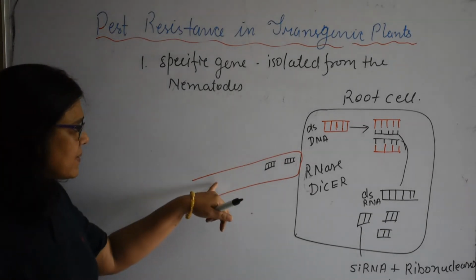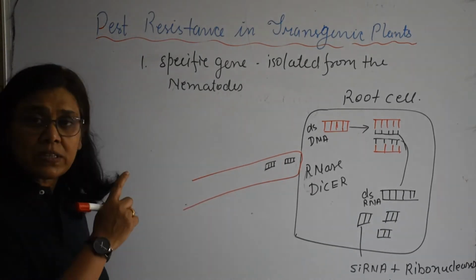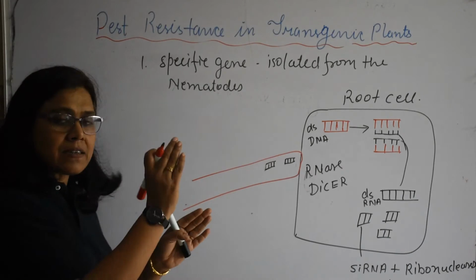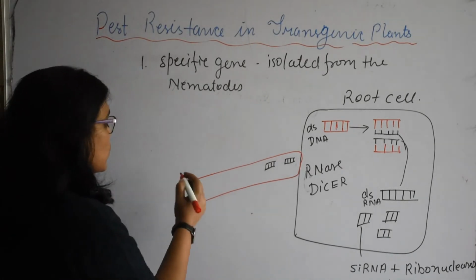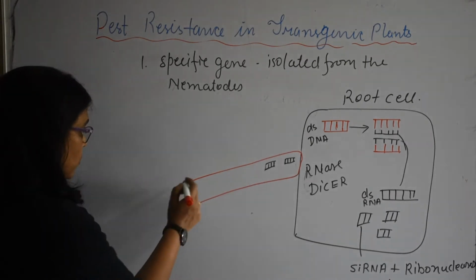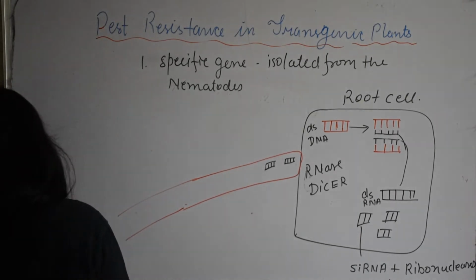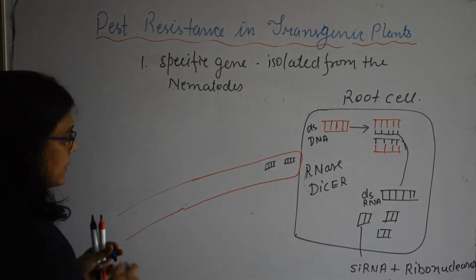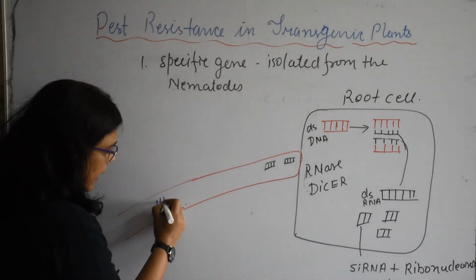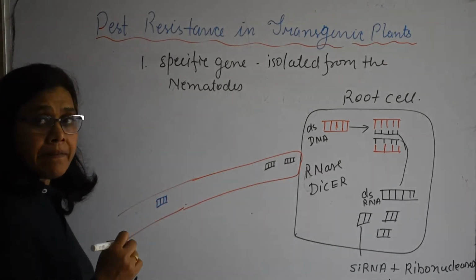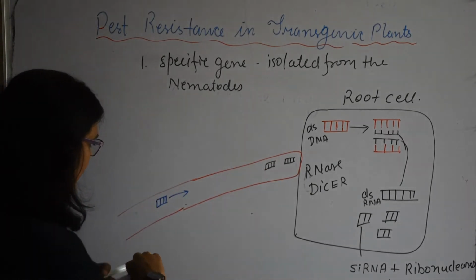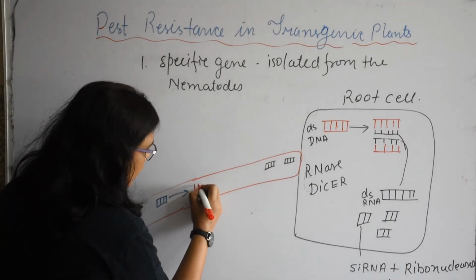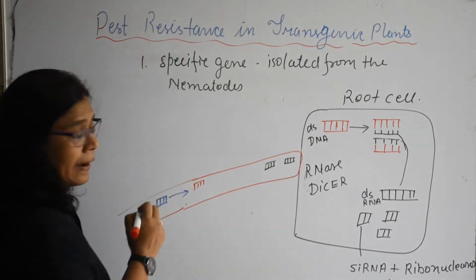Since it is a eukaryote, here also the same process of transcription and translation is going on. In the case of nematodes, the DNA will transcribe into messenger RNA, that is single-stranded RNA.